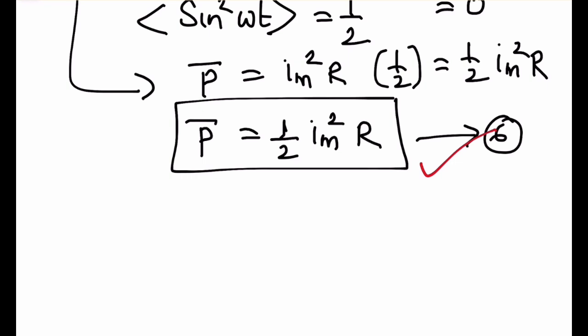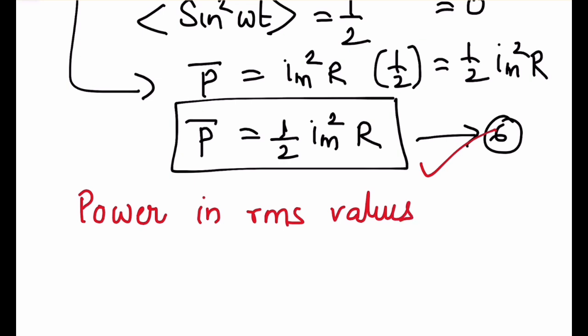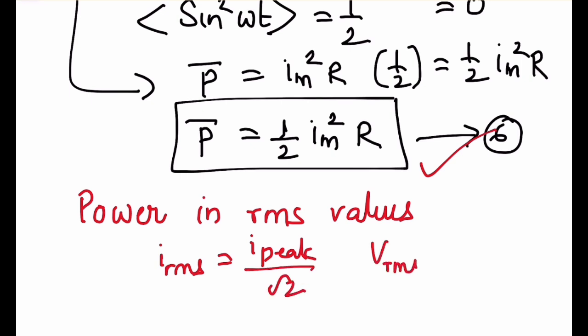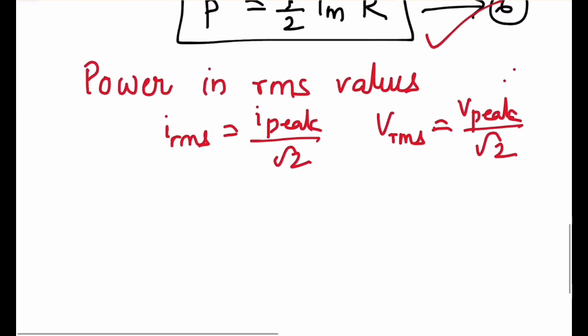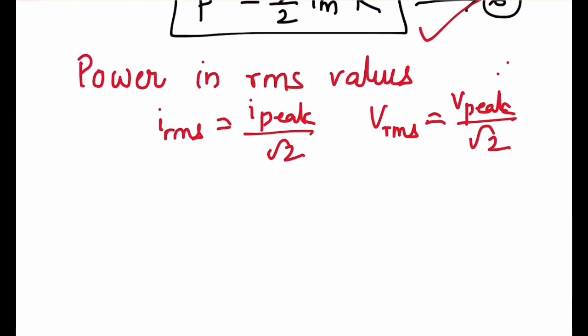Now let us take power in RMS values. You know RMS values, no? IRMS is equal to I peak divided by root 2. Similarly, VRMS is equal to V peak divided by root 2. These values are called RMS values. I hope you know them. Therefore we can take the power equation once again, continuing because I want to express it as the AC power. Then it will become P, capital letter I am using.